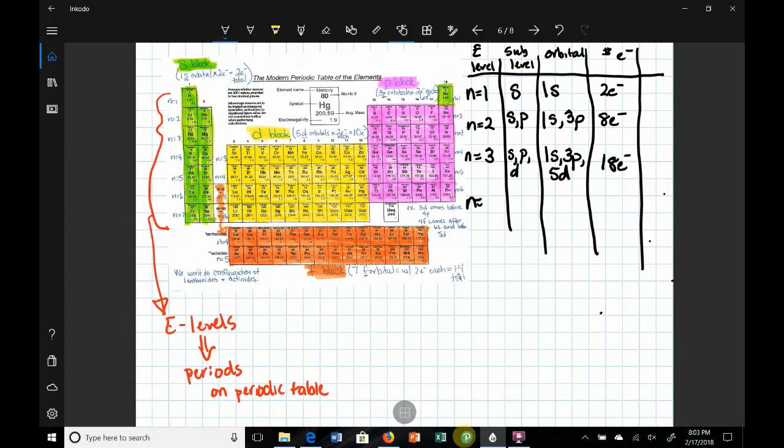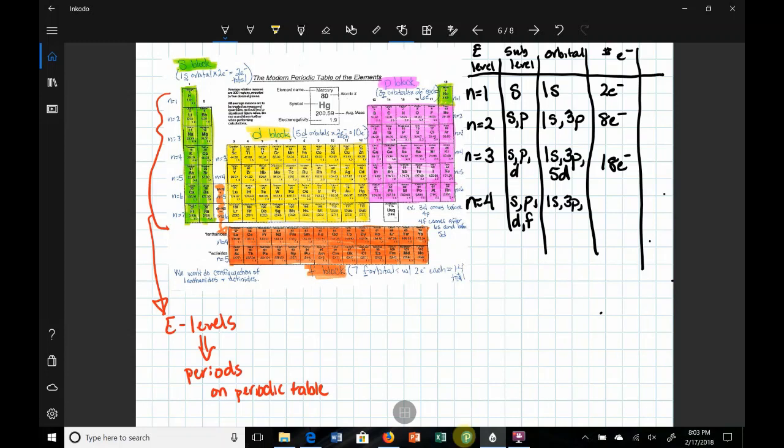If we move now to the fourth energy level, we've got an s sublevel, a p sublevel, a d sublevel, and an f sublevel. Within those sublevels, we've got 1 s orbital. In the p sublevel, we've got 3 p orbitals.